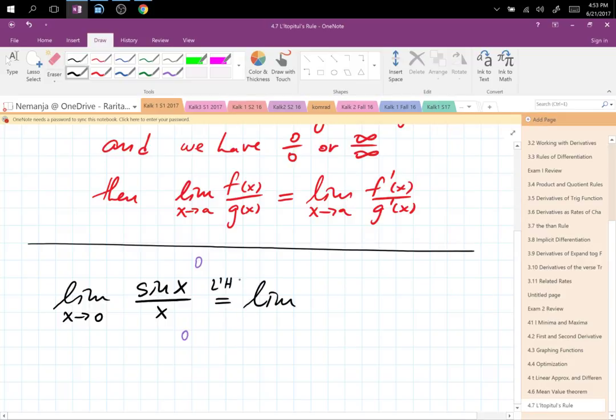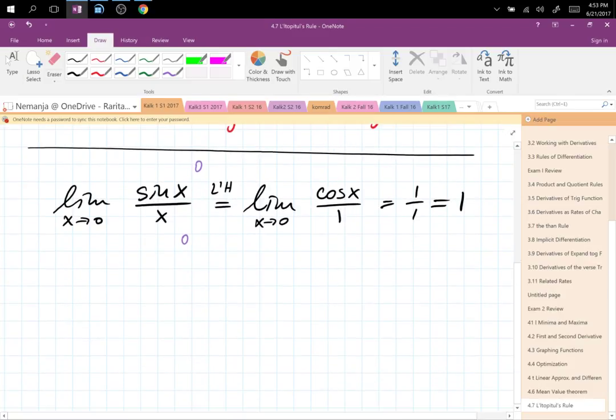So usually we put the LH on the equal sign to show that we use L'Hopital's rule. Derivative of sine is cosine x, and derivative of x is 1. So now when you plug in x goes to 0, you get 1 over 1, which is 1. And now you know the answer for this limit.